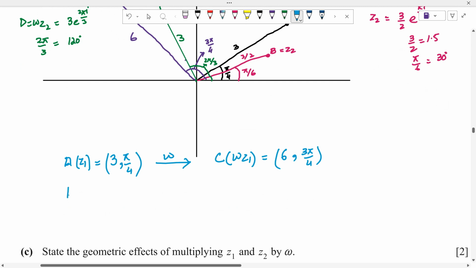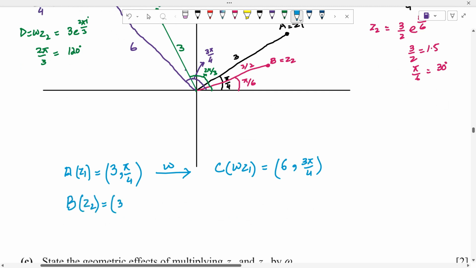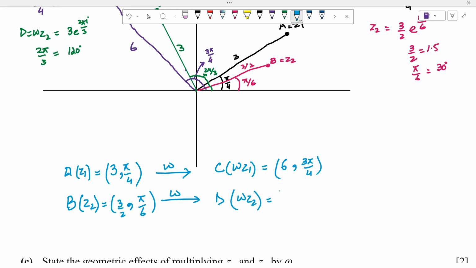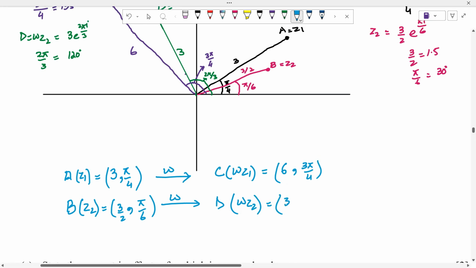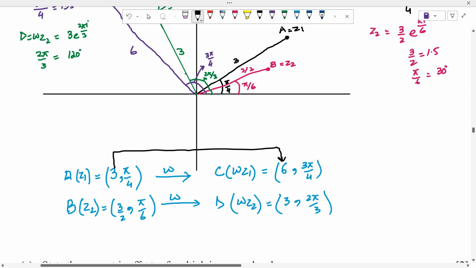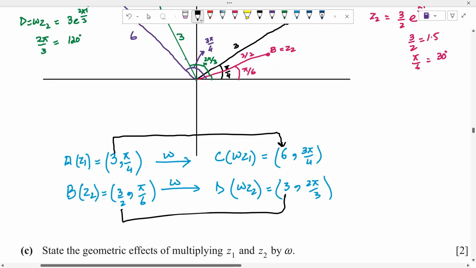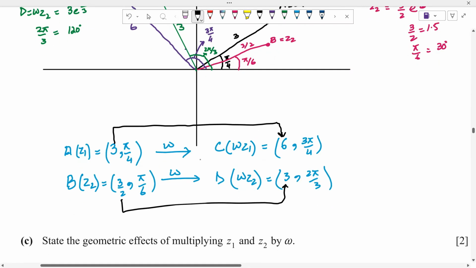Similarly, we have the point B, which is z2, which has length 3 over 2 and the angle of pi by 6. When multiplied with omega, we get D, which is omega z2, which has the length 3 and the angle of 2 pi over 3.